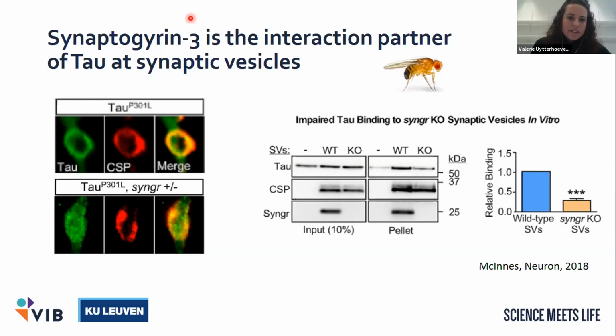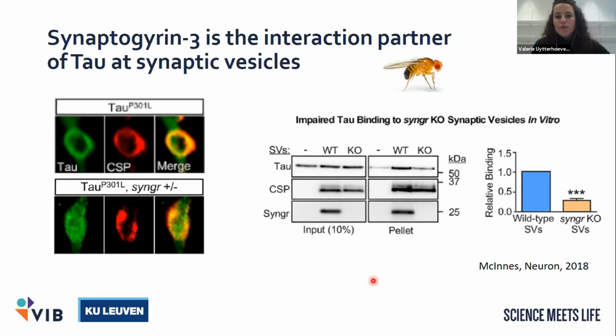And we further tested this interaction by showing in the tau mutant neurons, when we lower the levels of synaptogyrin 3, we see that tau does not distribute anymore in a donut-like shape, but distributes more widely over the presynapse, indicating that the tau synaptic vesicle interaction is lost.